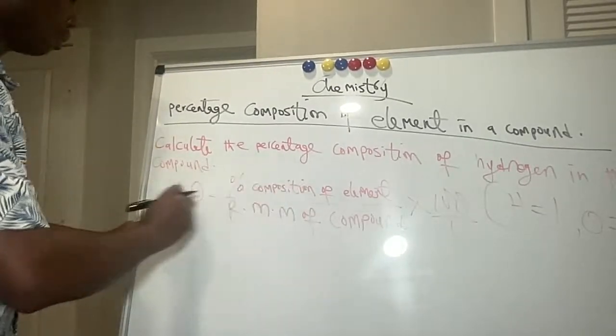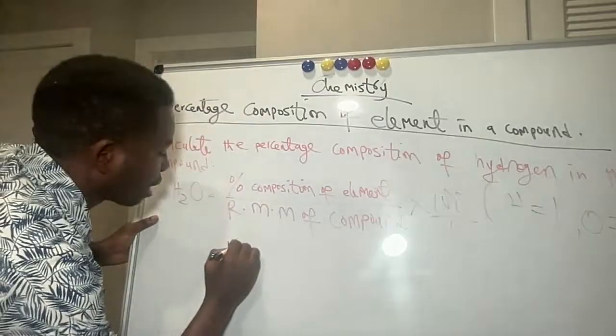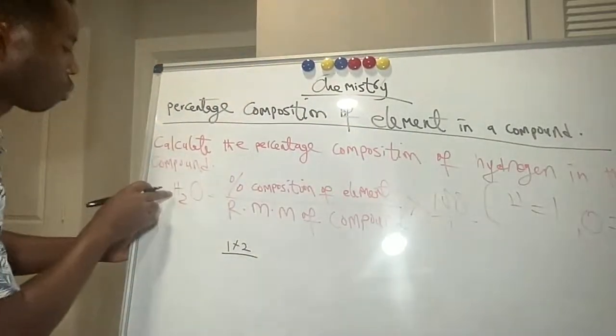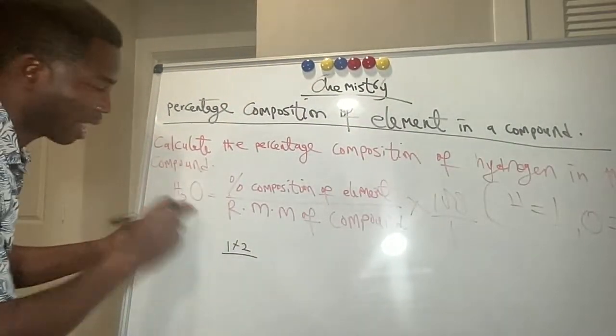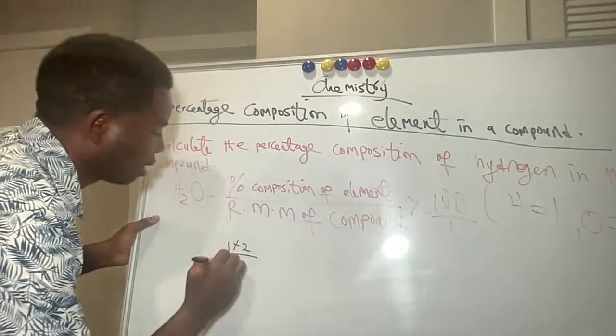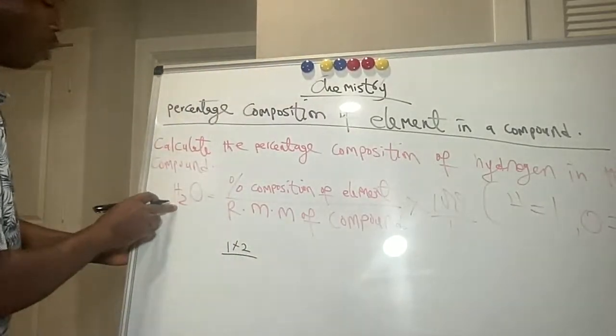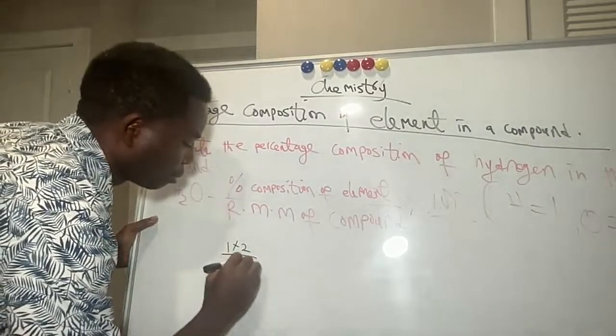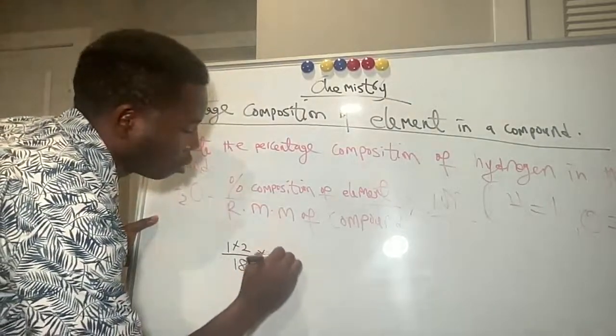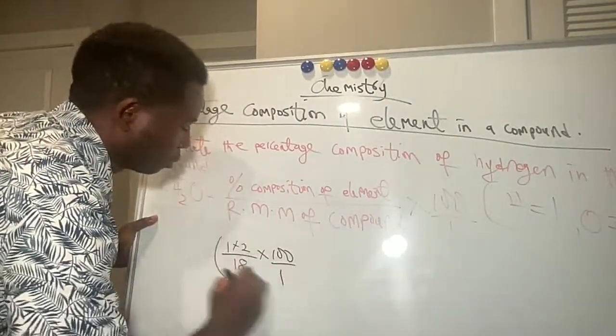Percentage composition of the element, which is hydrogen: the mass number of hydrogen is 1 times 2, over the relative molecular mass of water, which is 18 grams, times 100 over 1.